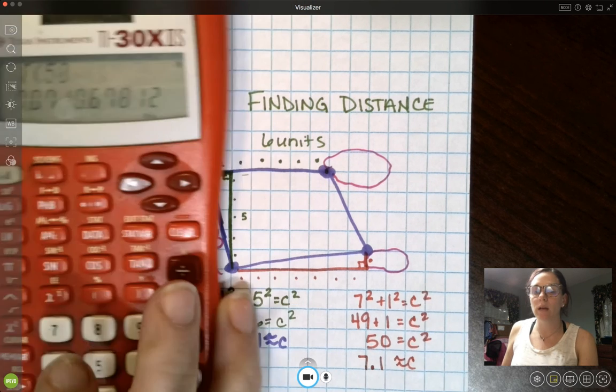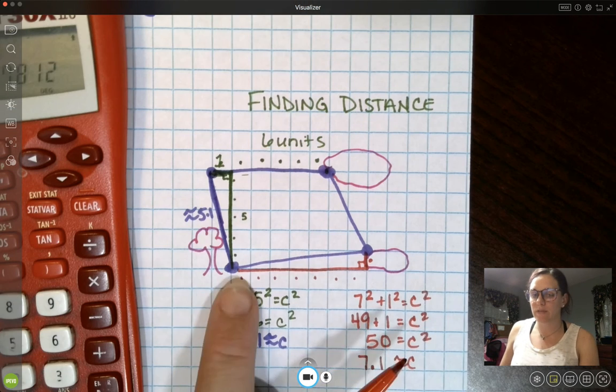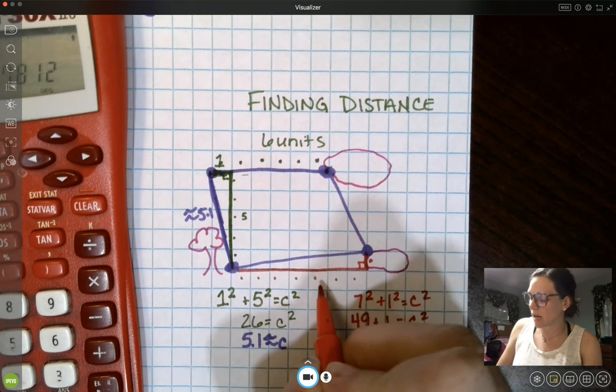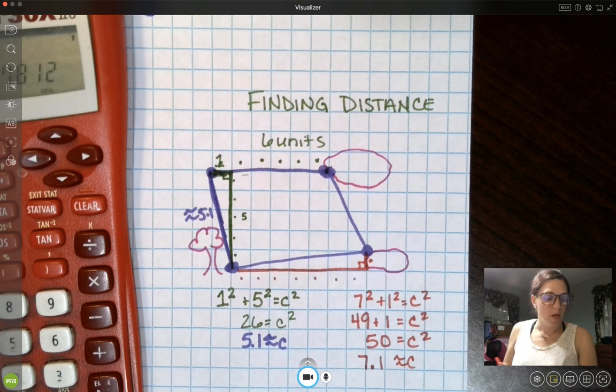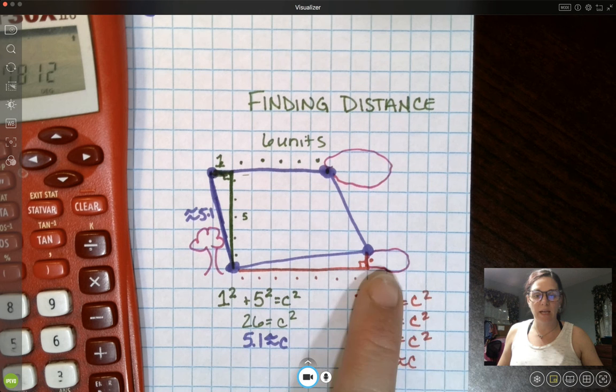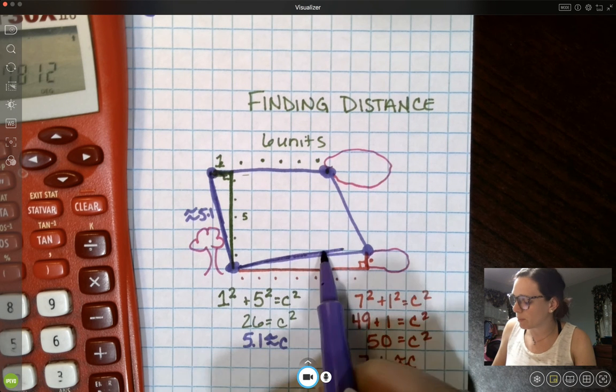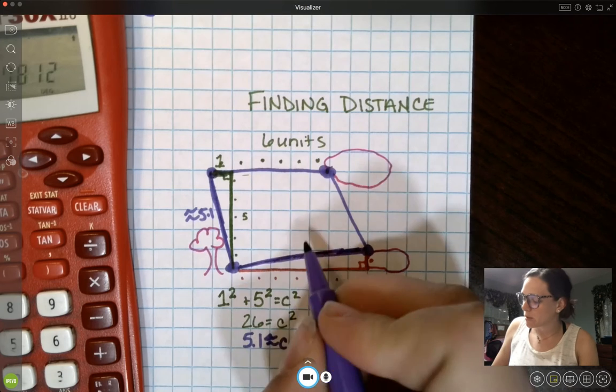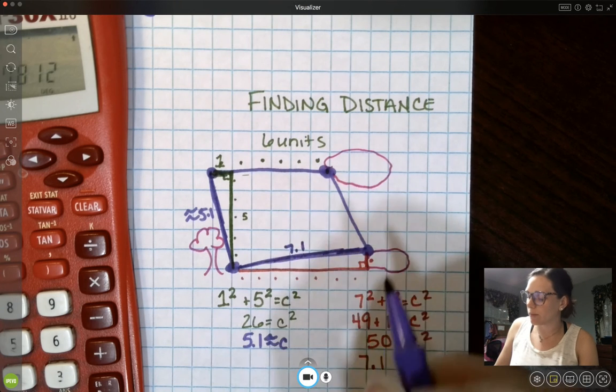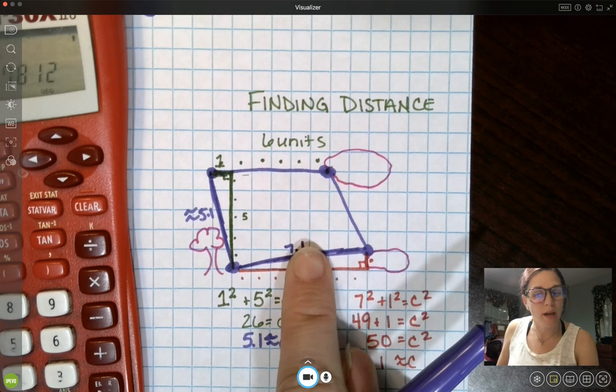Again, it doesn't make sense to be 50. We need everything to make sense in what it's doing. And what we just found is not any of the lengths of the red. We found the length of this purple piece. So this is 4.1, or I'm sorry, 7.1. Do what I write, not what I say.